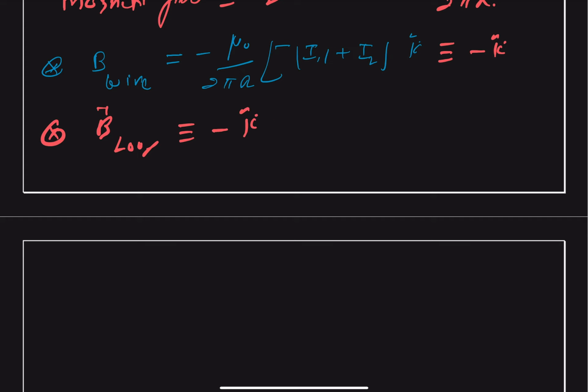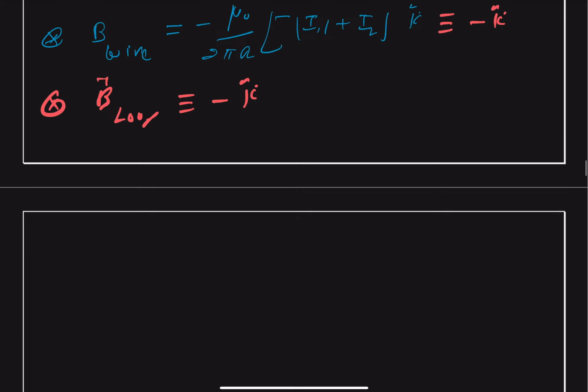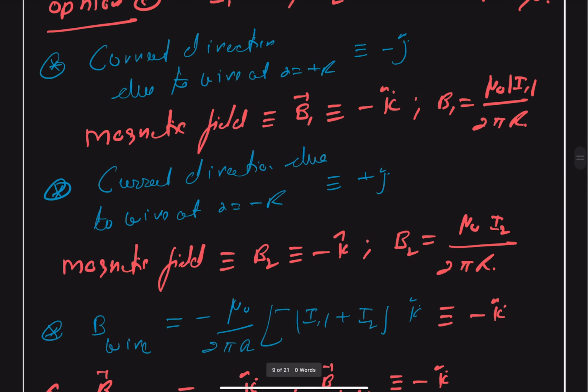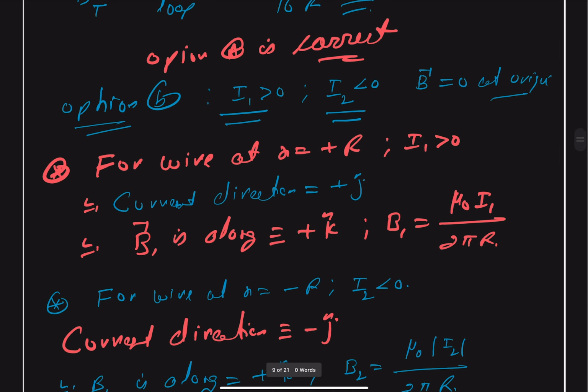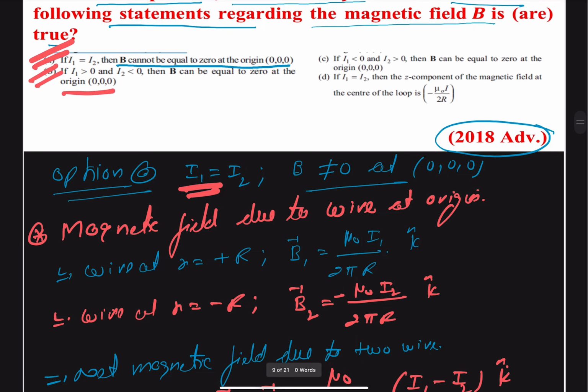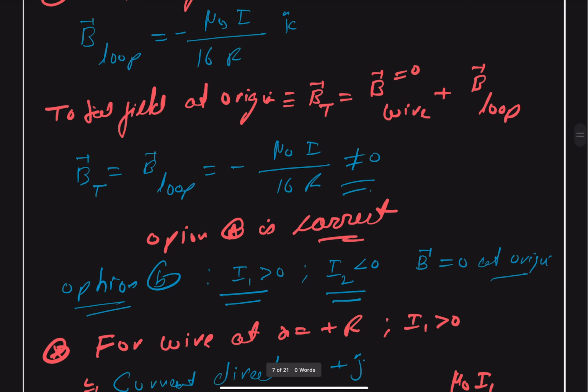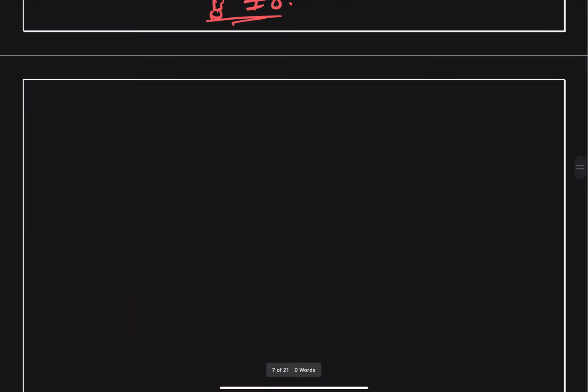So the direction of the loop as well as direction of the wire is same, minus k unit vector. So it means B, that is our total magnetic field, cannot be equal to 0. So this option C cannot be correct. And now we come to the D part, that is option D.